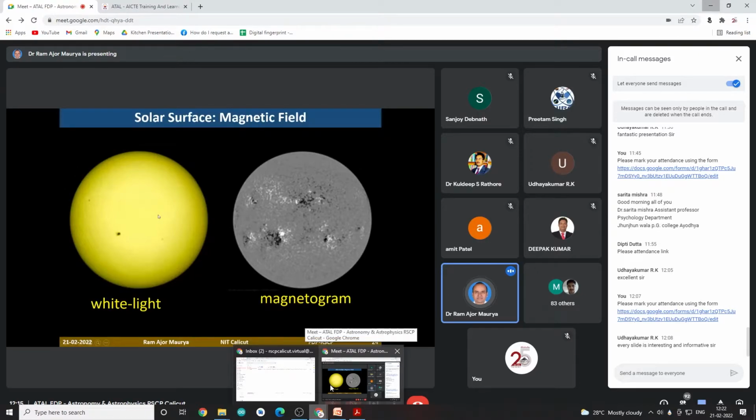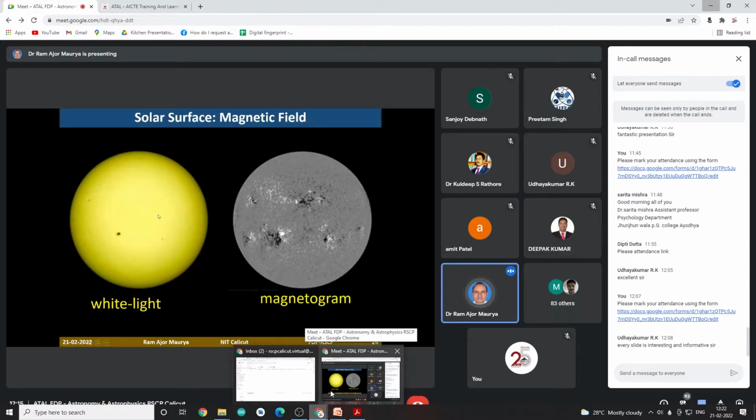The other option is like studying the interior of the Earth using earthquakes. We study the oscillations on the surface of the sun, and using those oscillations, we can find the interior of the sun.